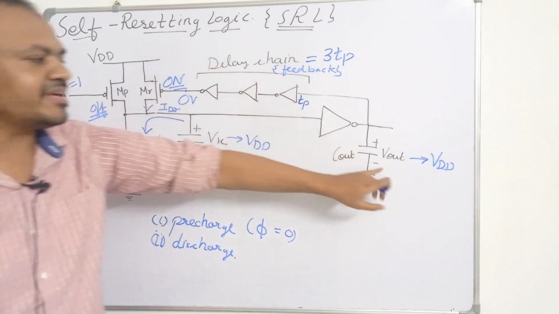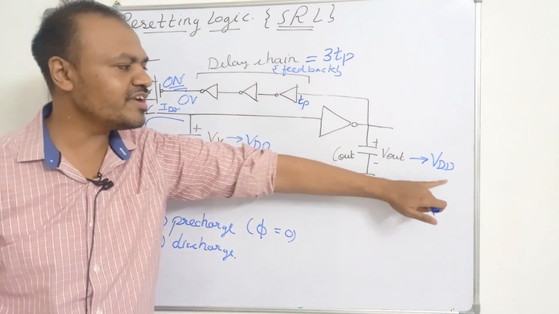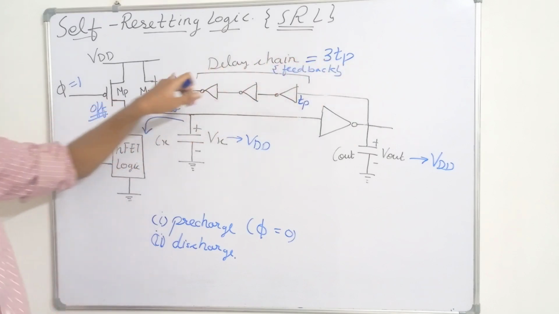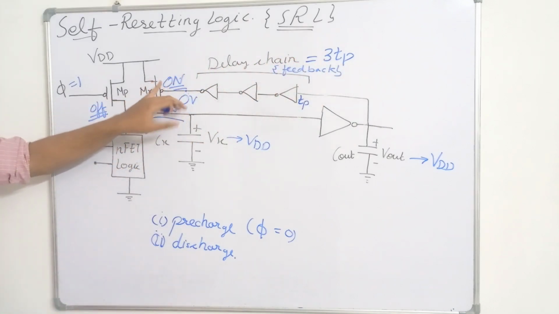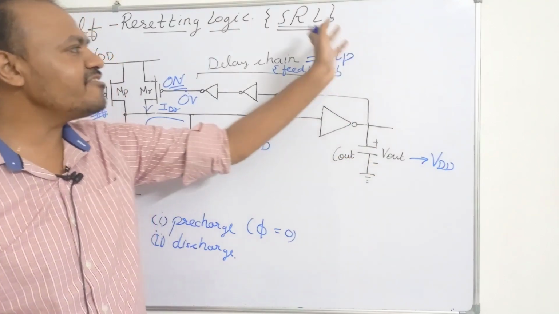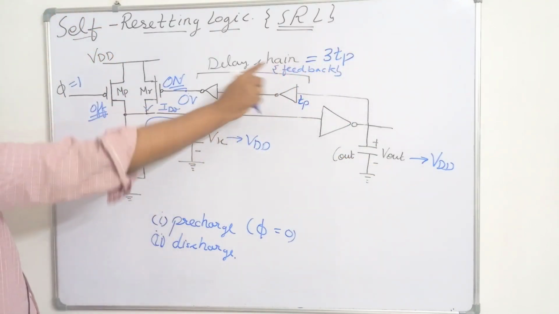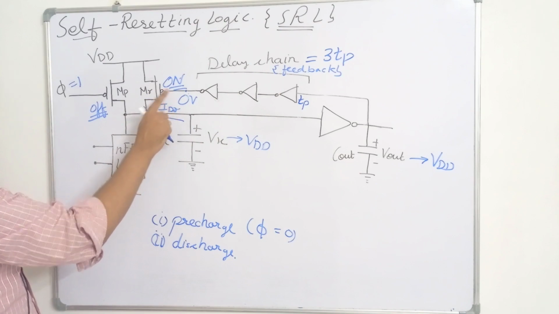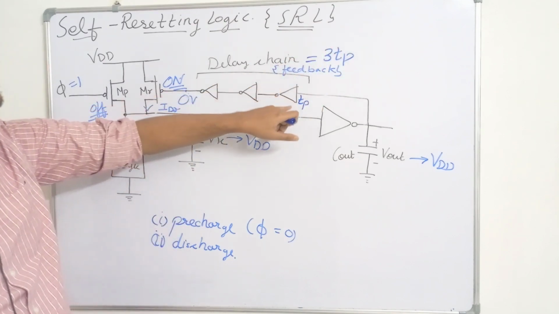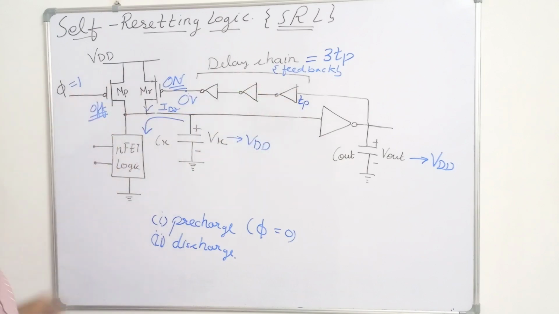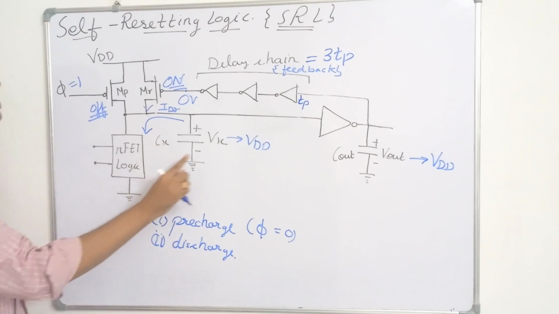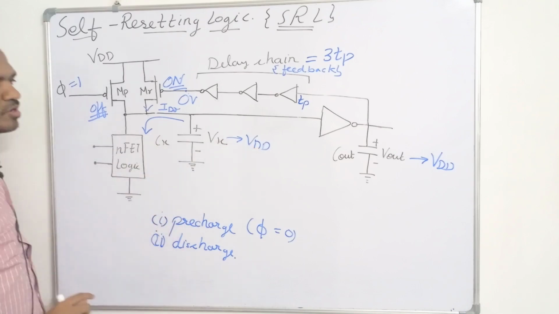Vout goes to VDD, then there will be a delay of 3 Tp. So this transistor turns on, and we can customize this delay using the appropriate inverters. After this delay, this transistor turns on and Vx again goes to VDD.